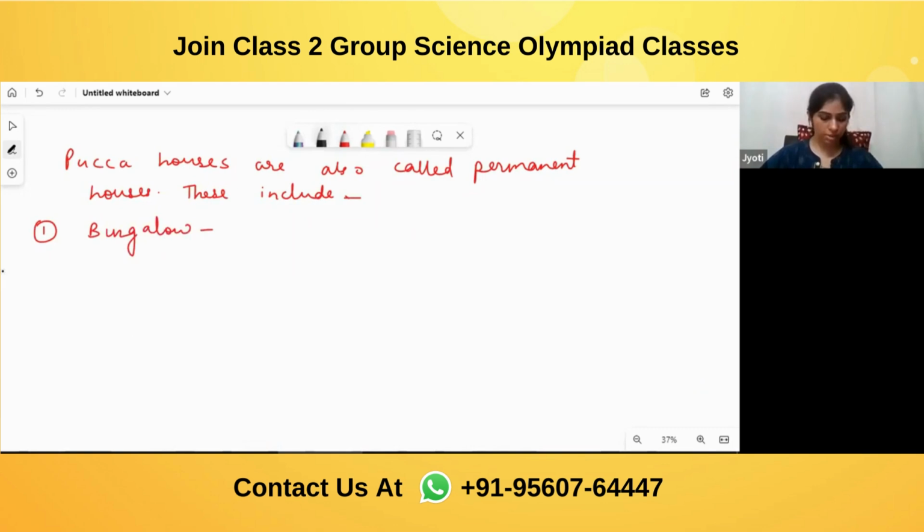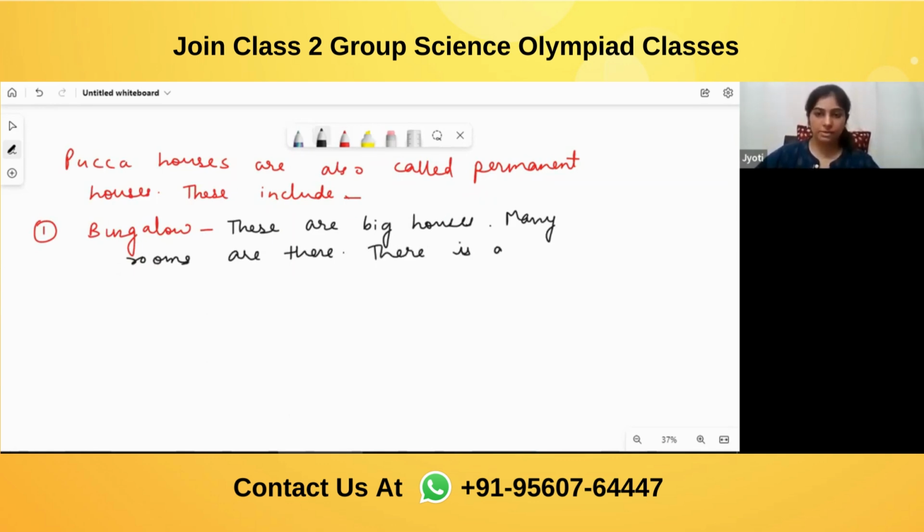A bungalow is what? These are big houses. Many rooms are there. There is a big lawn outside the house.